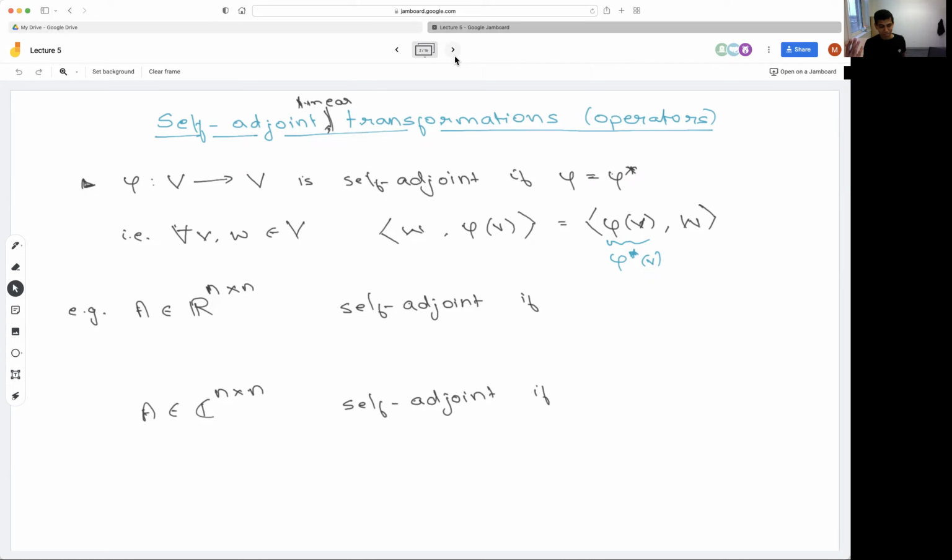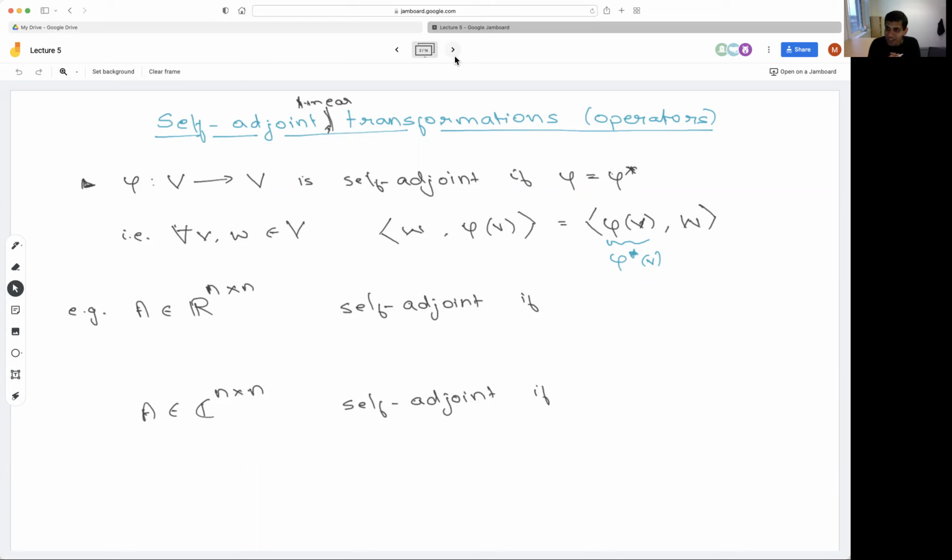What does it mean that the matrix is self-adjoint, equal to its own adjoint? We just saw on the previous slide how to define the adjoint of a real matrix, a matrix with real entries.